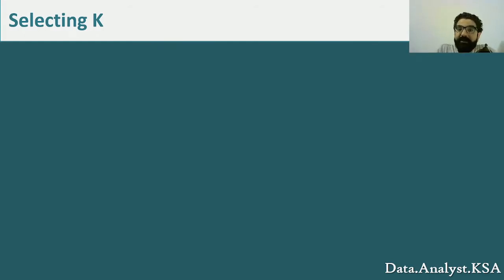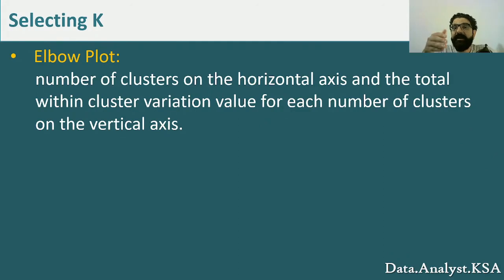But in many real life problems, we don't know what K is. So we use 2 methods to specify K in partitioning clustering analysis. The first method is called the elbow plot. For the elbow plot, every value of K has a total within cluster variation associated with it. Let's say I start with K equal 1.